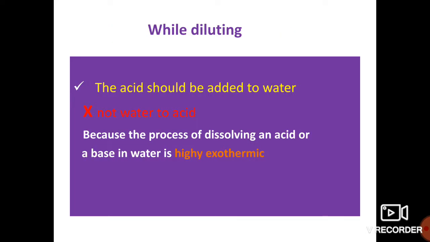While diluting, it is recommended that the acid should be added to water, and not water to acid, because the process of dissolving an acid or a base in water is highly exothermic.